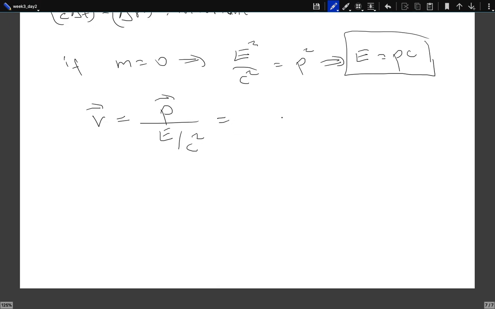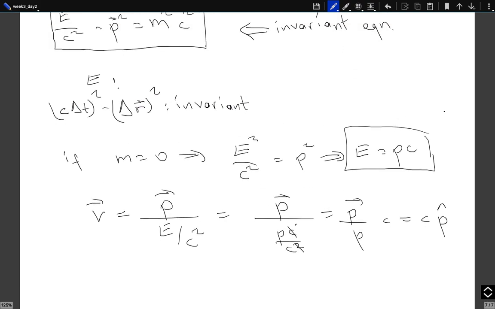Well, this is equal to p over E times c squared, so this cancels one of the c's. So this is p over |p| multiplied by c, or c times p hat. So the velocity of an object that is massless is in the direction of its momentum with a magnitude always given by c.